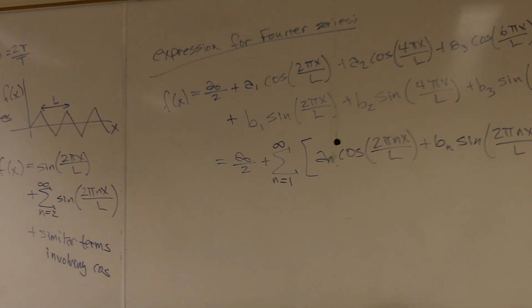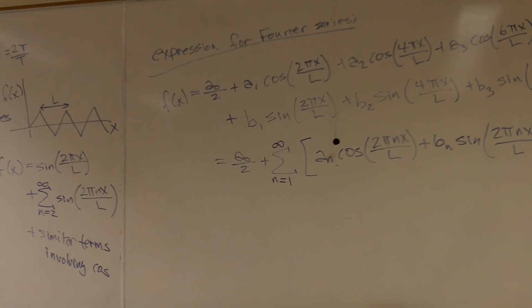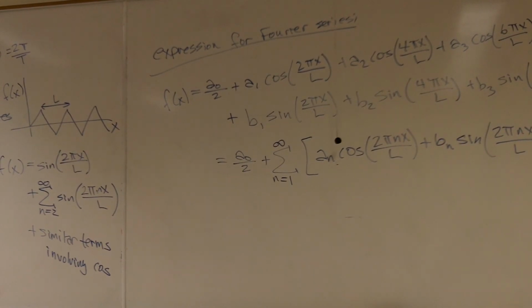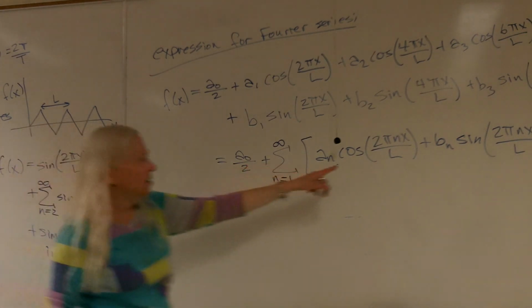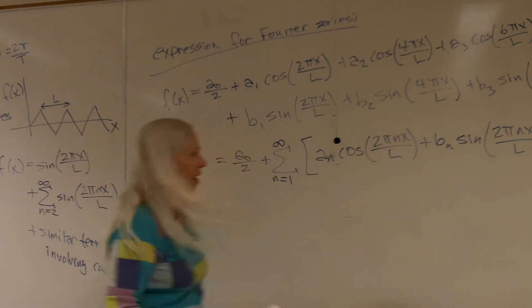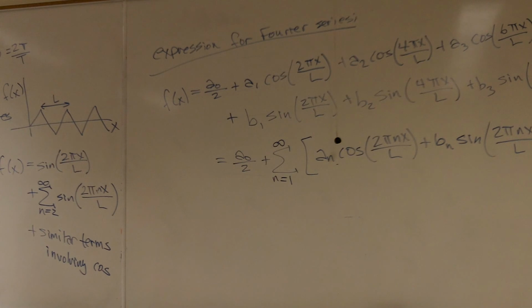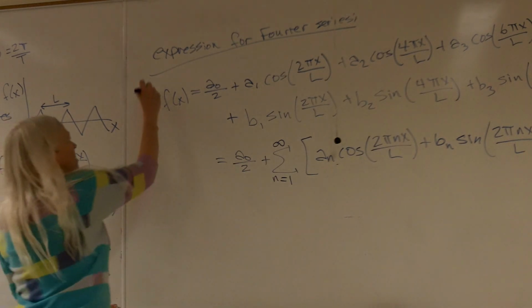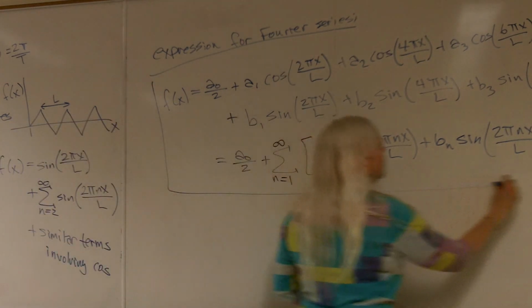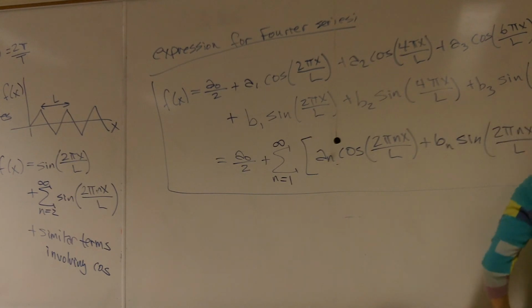So again, remember the n is there because we have a period of L over n for the nth term in that sum, or equivalently the frequency gets multiplied by n, so that comes in the numerator. So this is our general expression for a Fourier series.